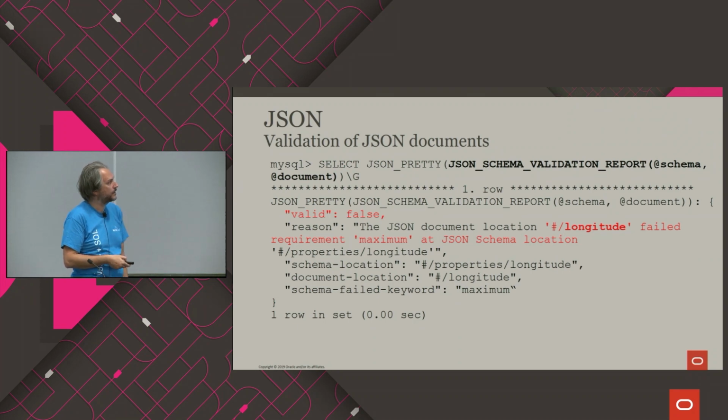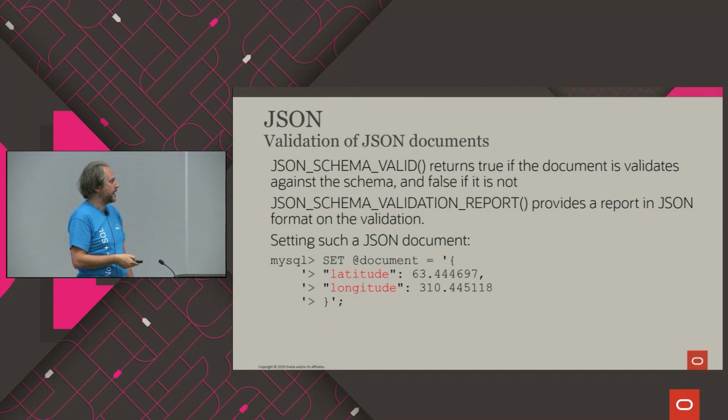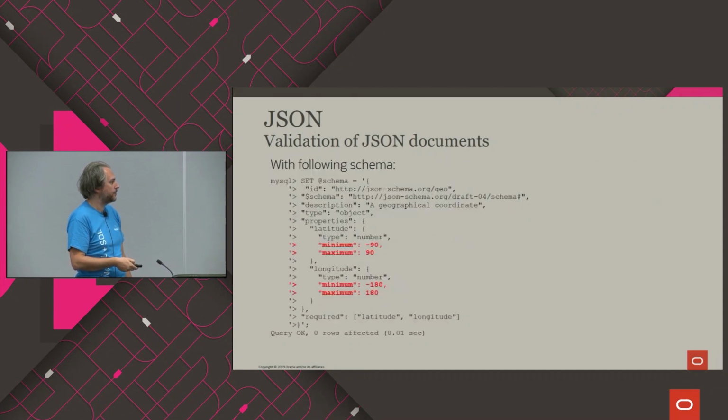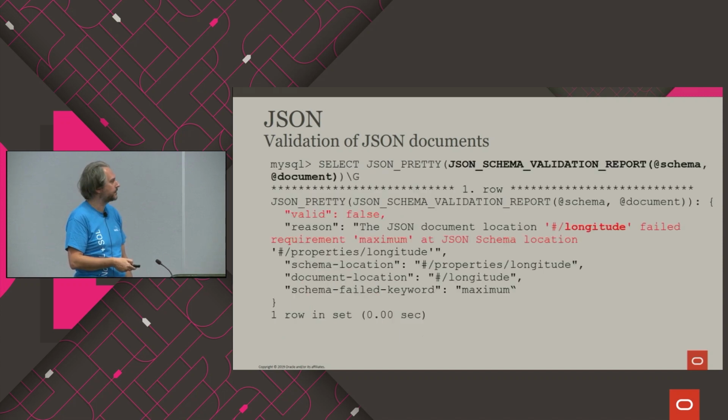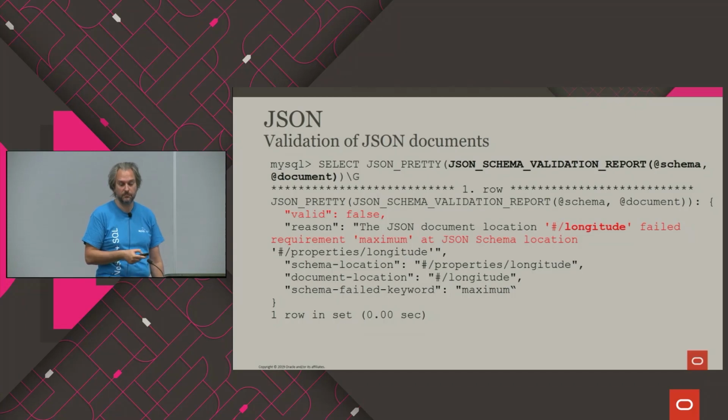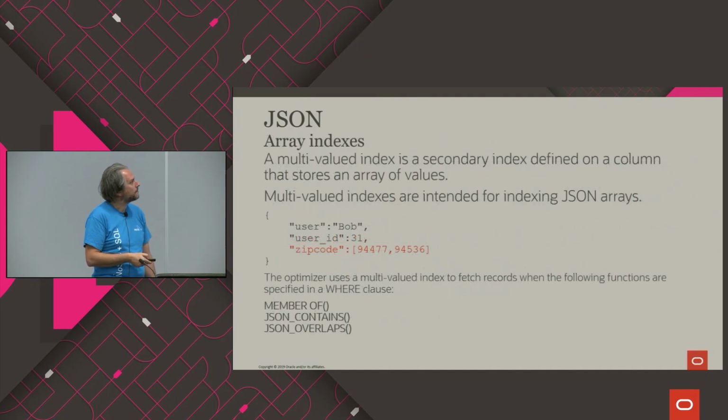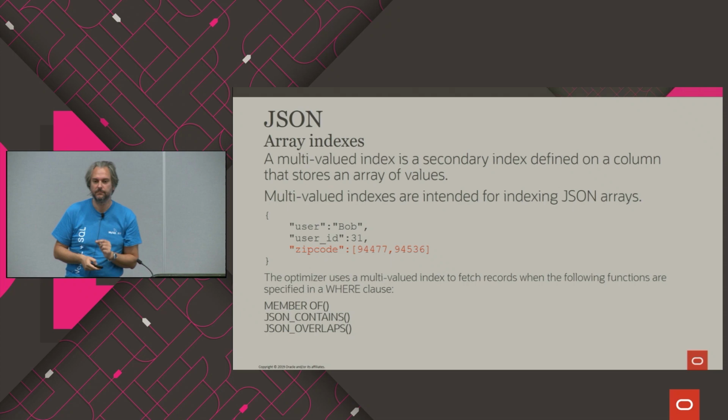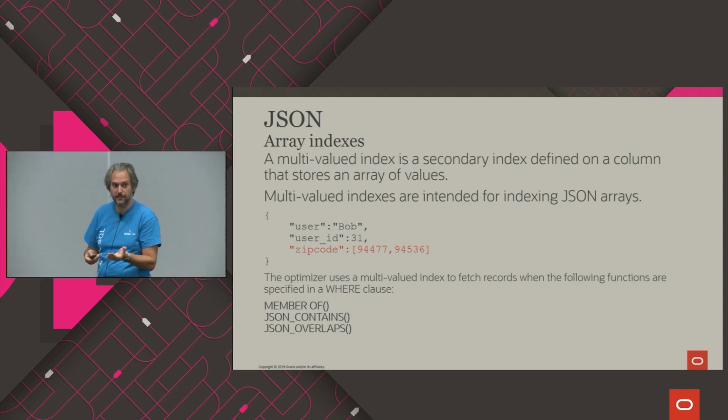In this example, you get a failure because we have 310 as longitude, and it's beyond our constraint. The value returned by the JSON schema validation report is that the requirement maximum is not satisfied. And this is a nice feature if you are using JSON, indeed.